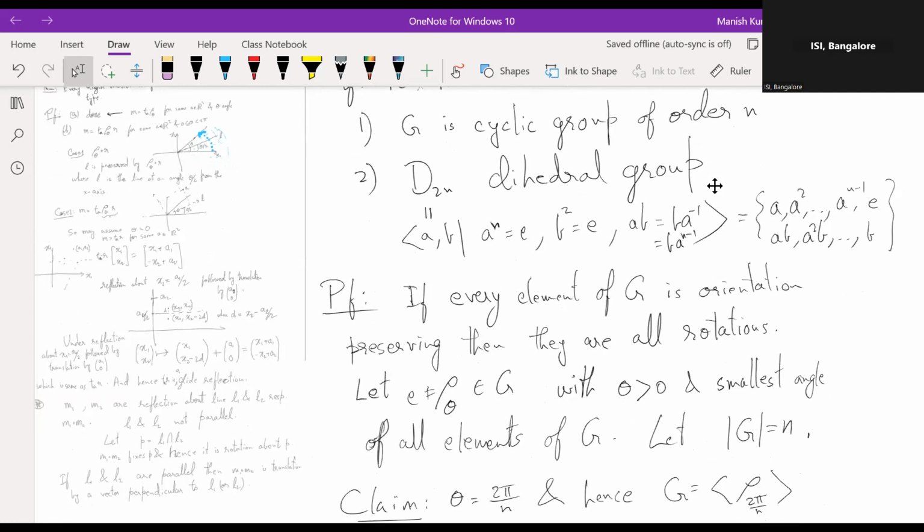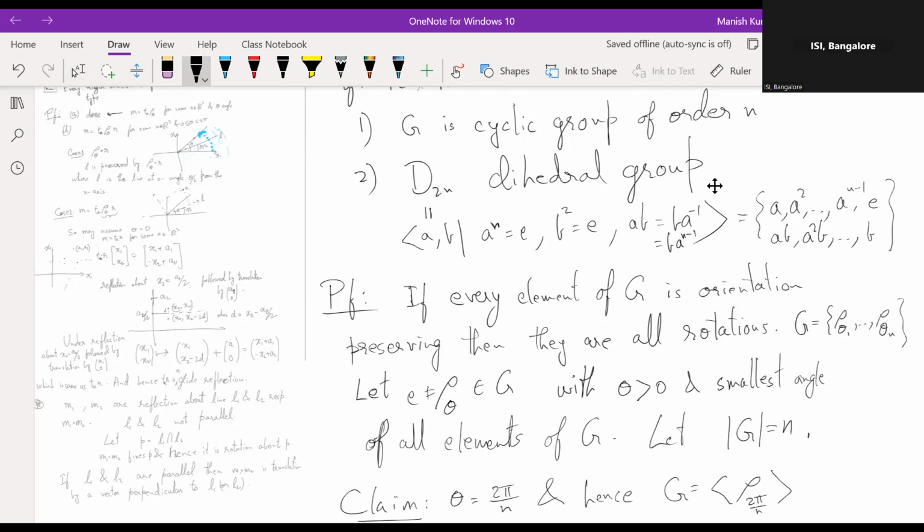So what you do is, G will contain some rho theta 1 to rho theta n. So you let rho theta be something different from identity with theta greater than 0 and the smallest of these angles.